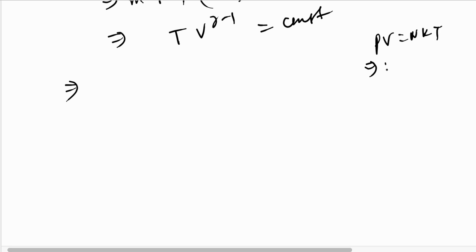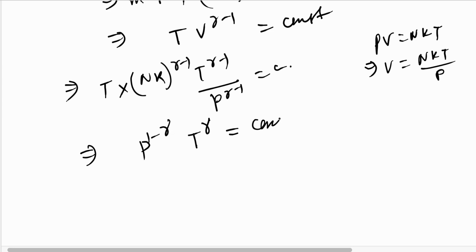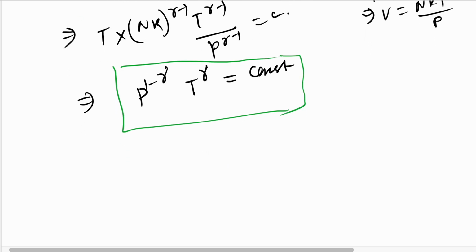In place of V, if we put nkT by P, we get (nk) to the power gamma minus 1 T to the power gamma minus 1 by P to the power gamma minus 1 is equal to constant. So if we invert it, P to the power 1 minus gamma T to the power gamma is equal to constant. So actually we need this relation. Now let's see what we can do from it.